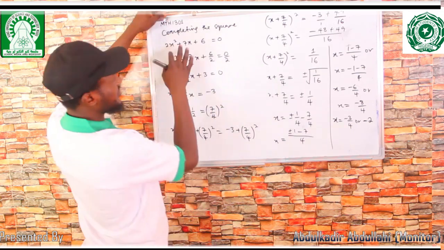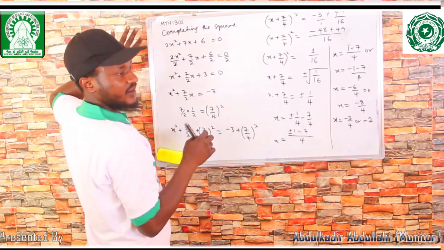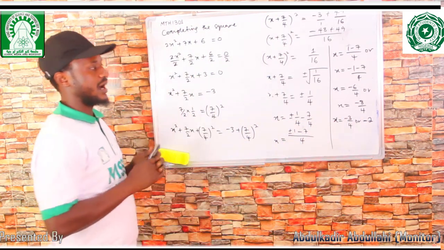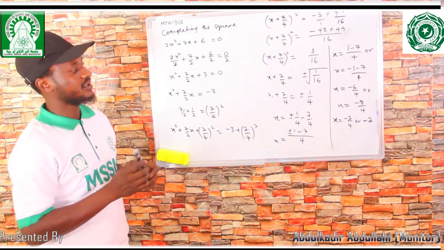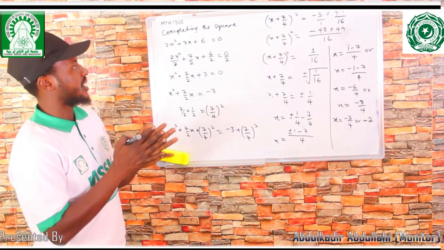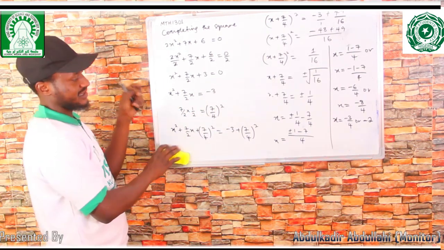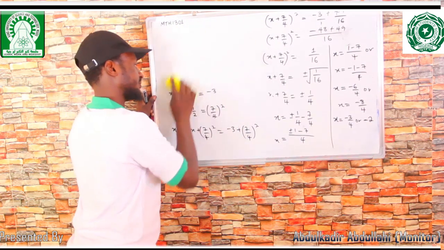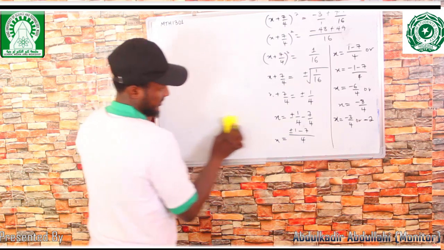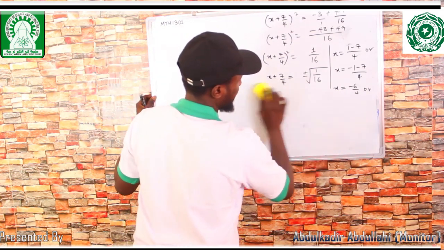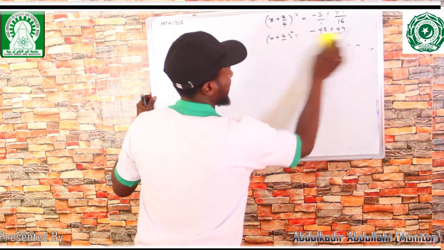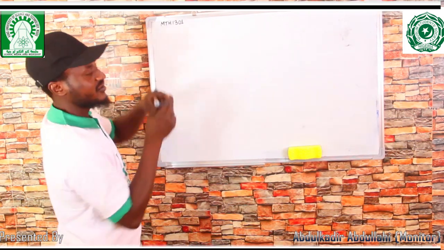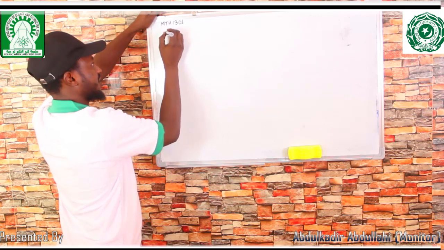And if you compare this one with the one we solved in the factorization method, we check that the answer is the same. So after the completing the square method, the last method to use is the quadratic formula, which I can call the simplest one.